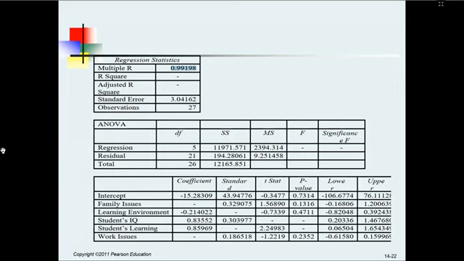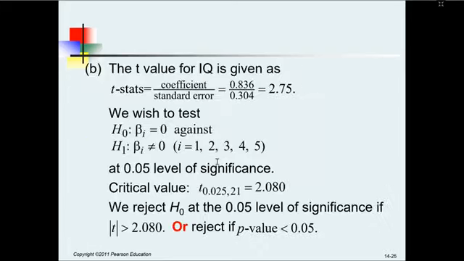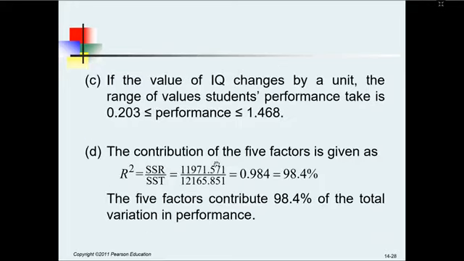0.9840. Good. So what is the percentage contribution of the 5 factors in determining performance? About 98%. The conclusion for that question is about 98.4%.